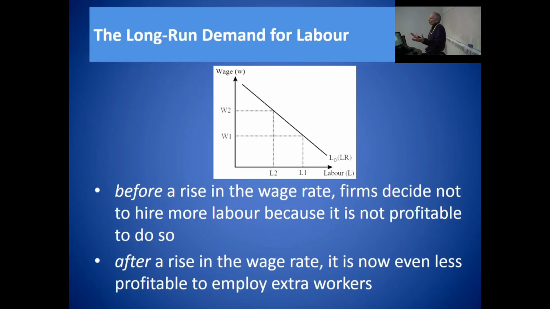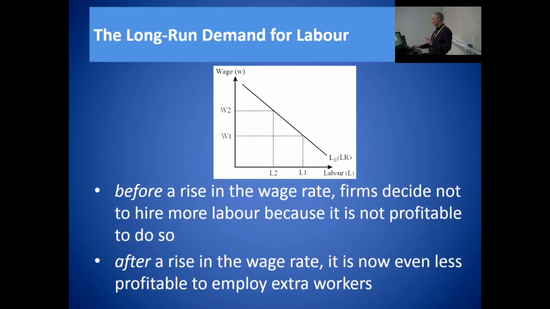And hence, could that then be a logical response? Would you employ more units of labour? Would you employ more of a factor input when its price rises? No. The only thing you would do is employ less. And hence, our long-run factor demand schedule must slope downwards.